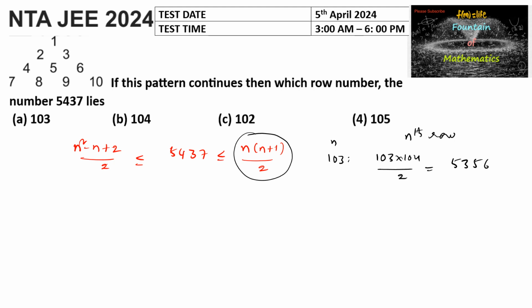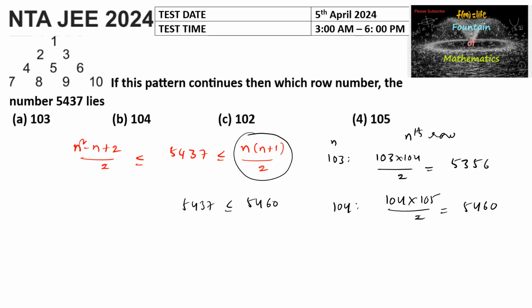So we can go with the next number, because 5437 must be smaller than n into (n plus 1) by 2. For n equal to 104 we get 104 into 105 divided by 2. After calculation we get 5460. So 5460 is greater than 5437.